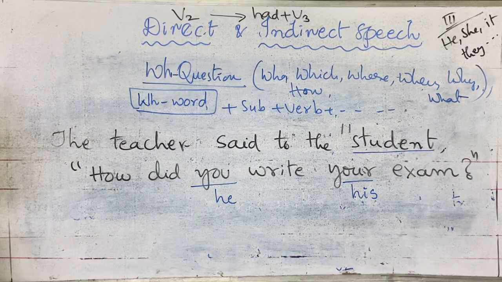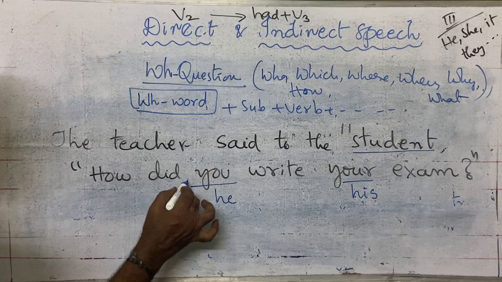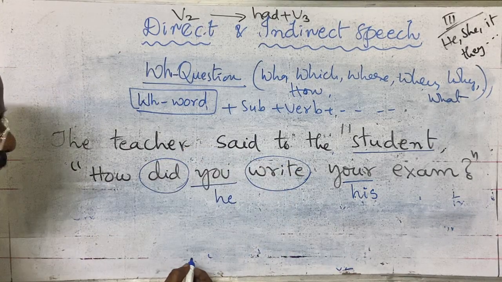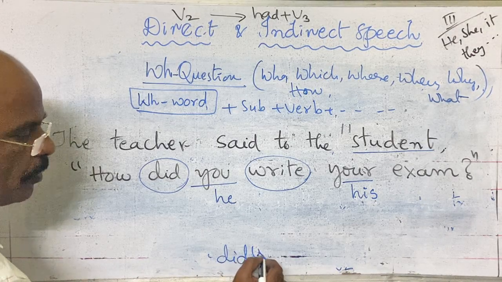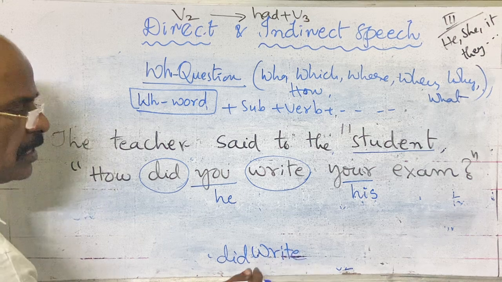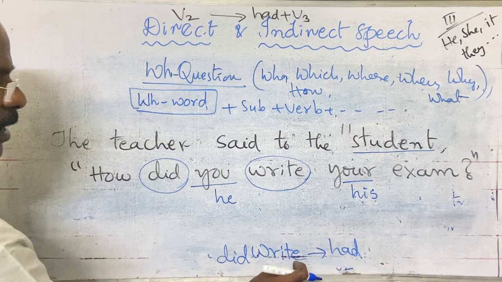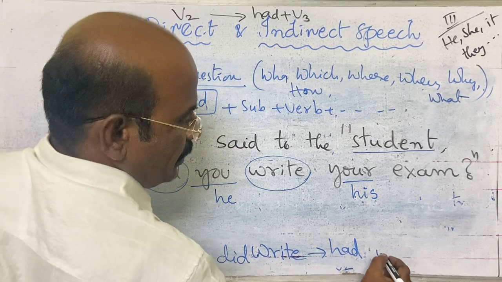First we changed that, and here the verb is did write. I said already, did write is past tense. Had plus V3, and the main verb is V3: write, wrote, written, so had written.